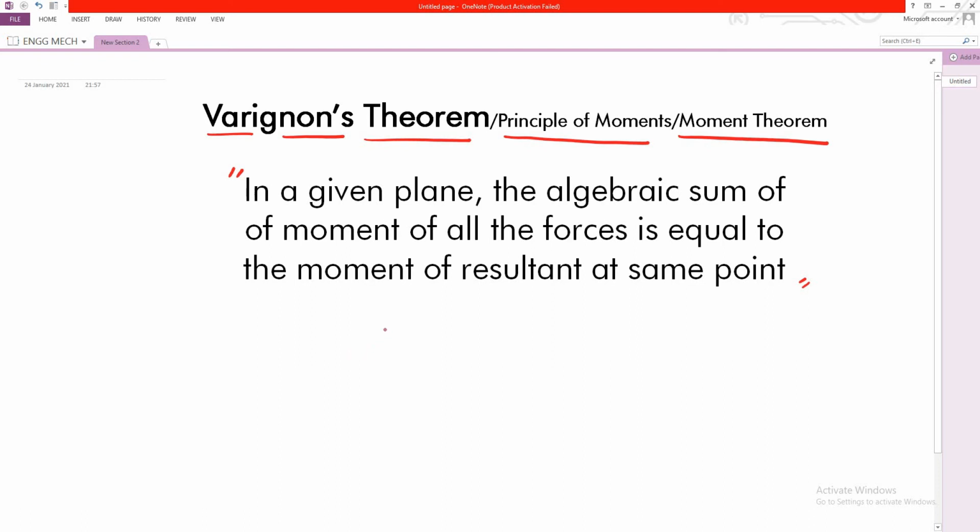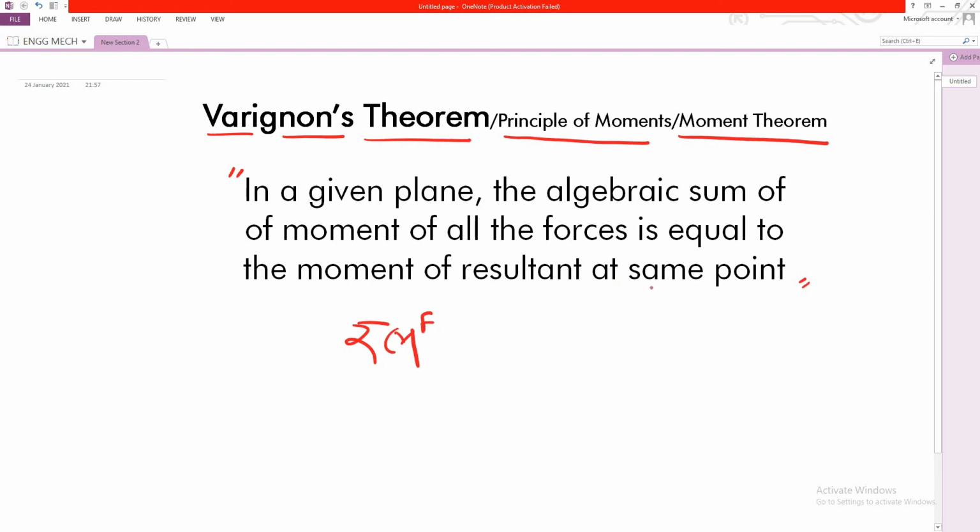So what the statement is saying, in a given plane when a force system is there, if we calculate the sum of moments generated by each force, then we can write it down as summation of moment of forces.